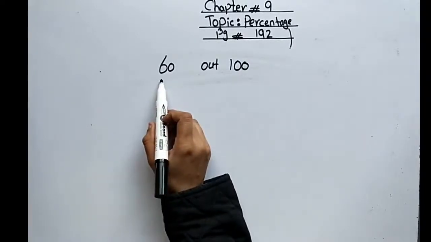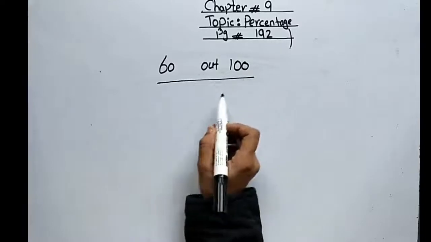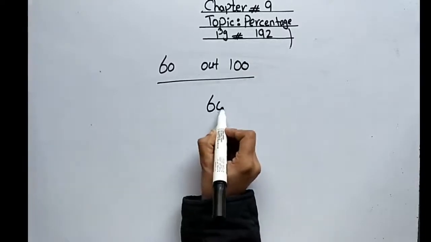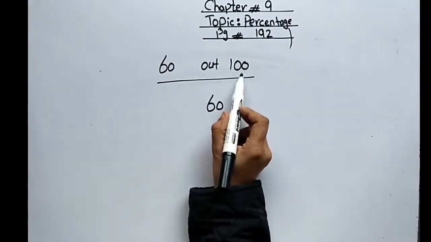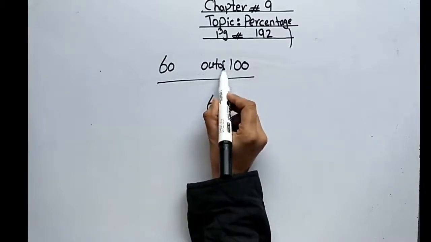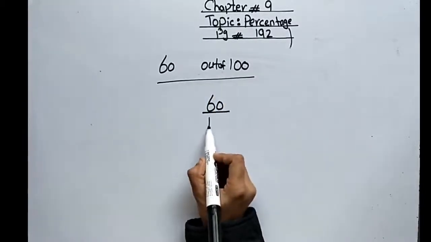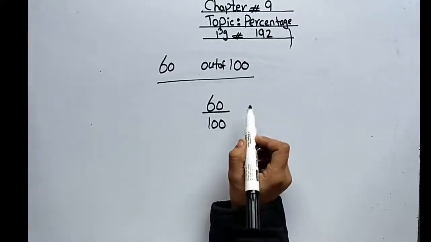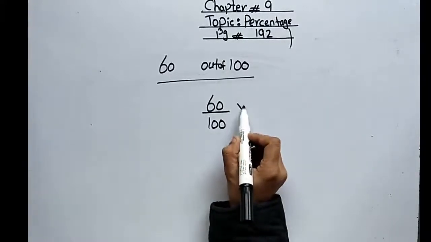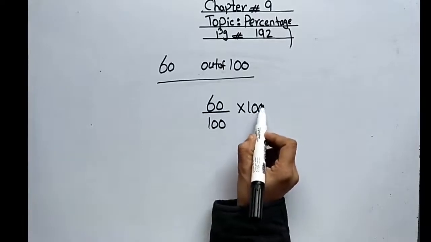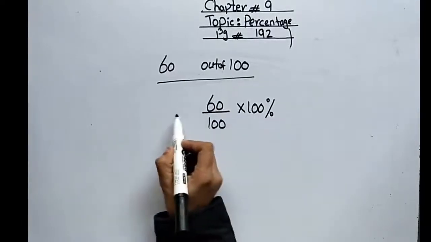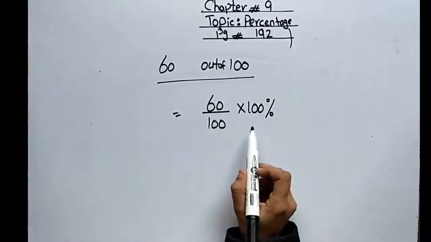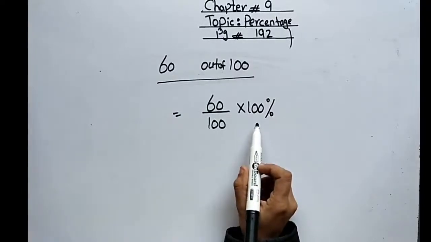How can we find it? Simply, beta, first we will write 60 out of 100. Out of 100 means we will write 100 in the denominator. And as we are finding a percentage, we will multiply by 100%. Keep in mind, beta, when we find the percentage, we multiply by 100% directly.